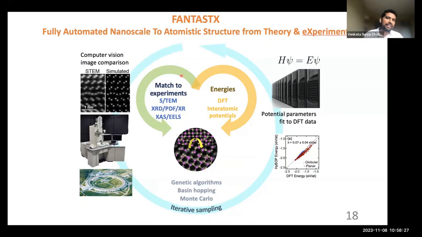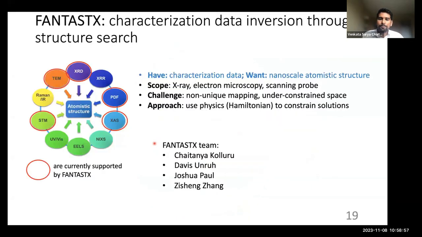And we also take the relaxed structures and calculate the experimental simulation data, like the simulated TEM image, simulated XRD pattern or STM image, and so on. And we compare the mismatch between the simulated data and the actual experimental data. So we perform this multi-objective minimization in an iterative manner, and that will give us a final set of solution structures corresponding to these unknown phases.